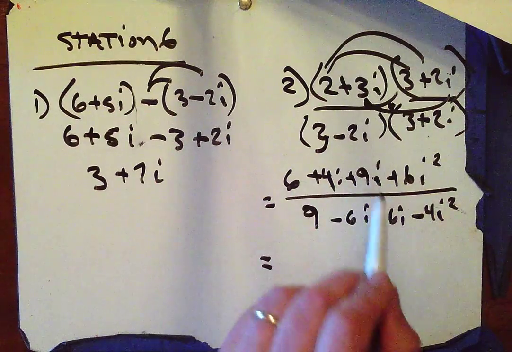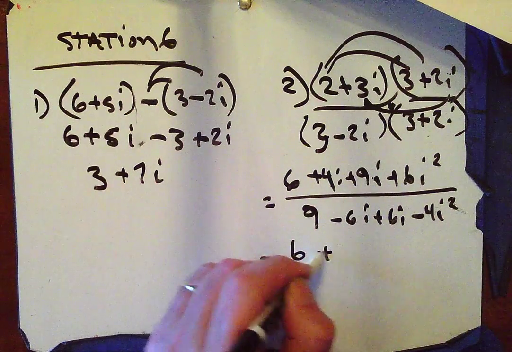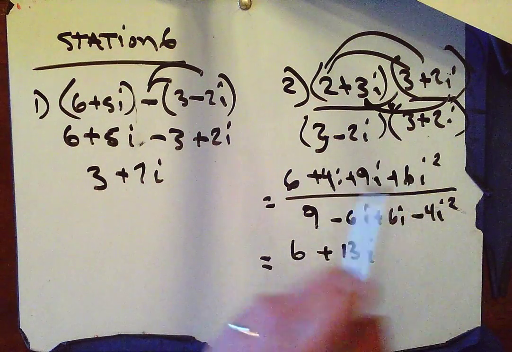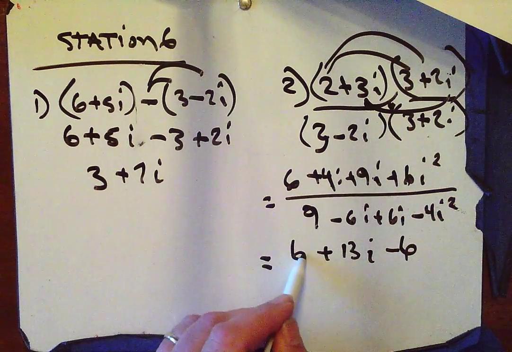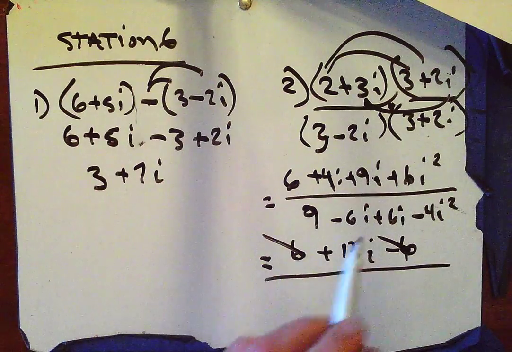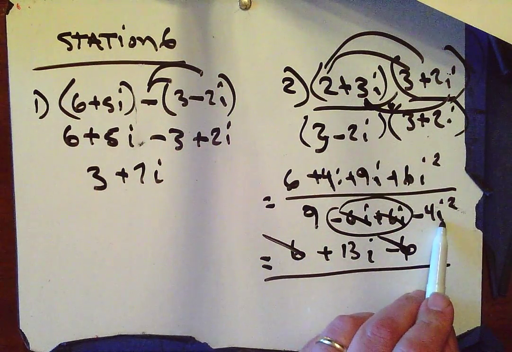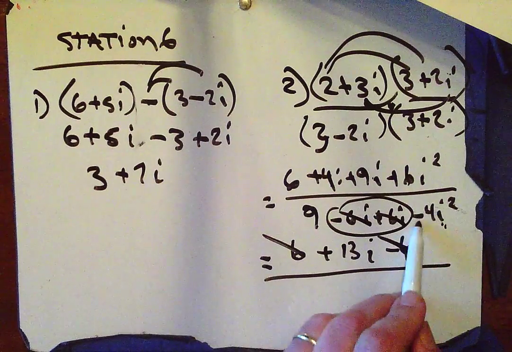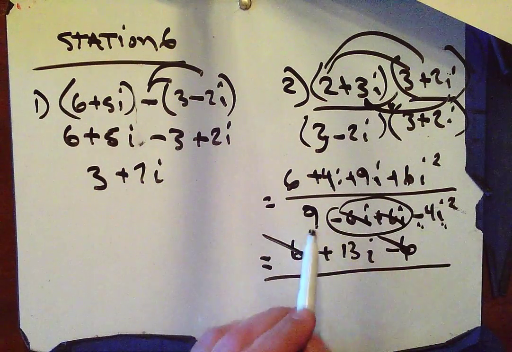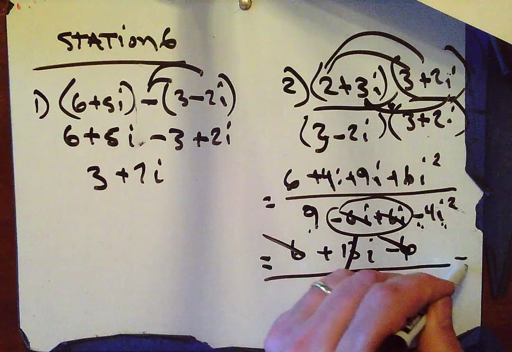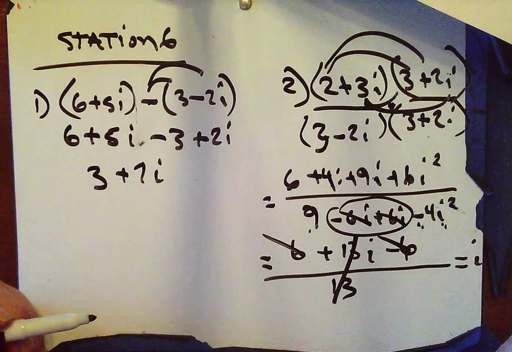Well, 4i plus 9i is 13i, and i squared is -1. -1 times 6 is -6. Ooh, look, those cancel. On the bottom, these are opposites, and they cancel. i squared is -1. -1 times -4 is +4, plus 9 is 13. How convenient. We end up with our answer being i.